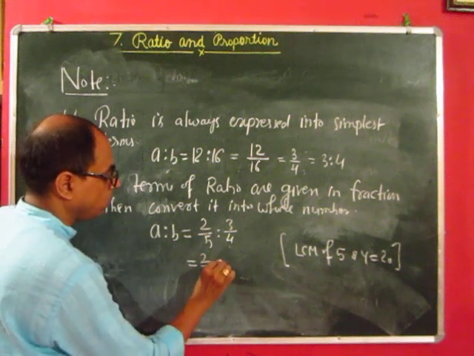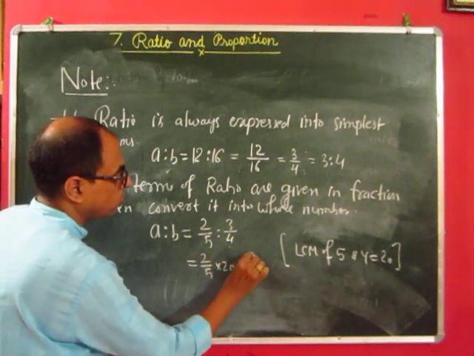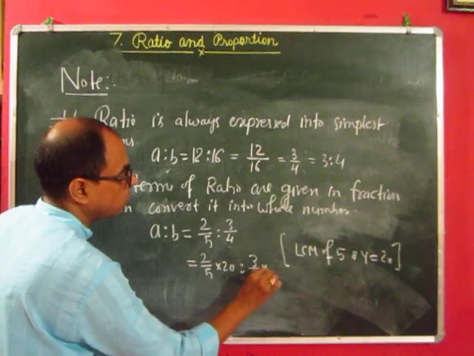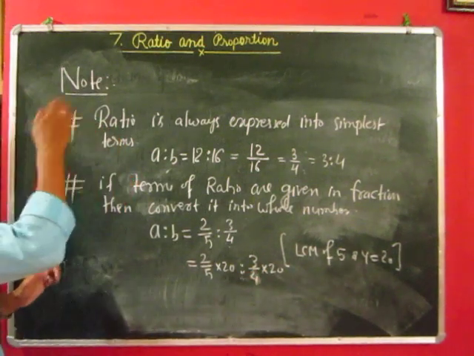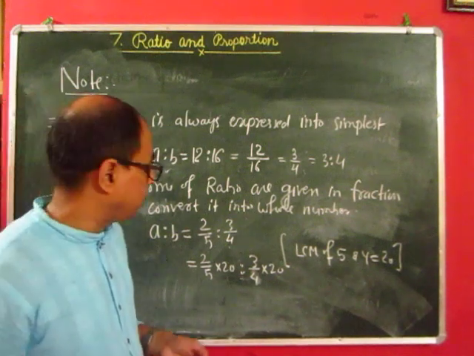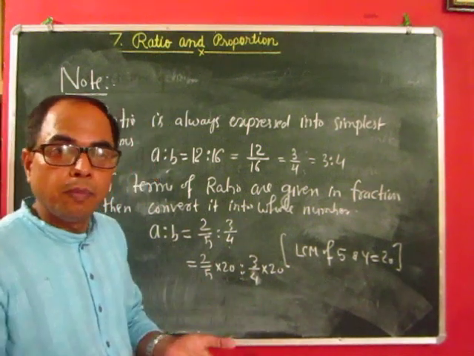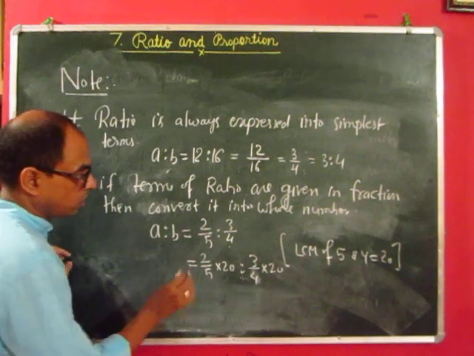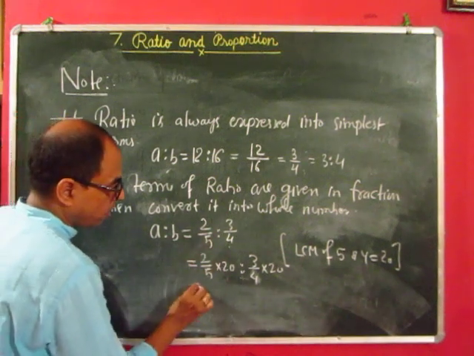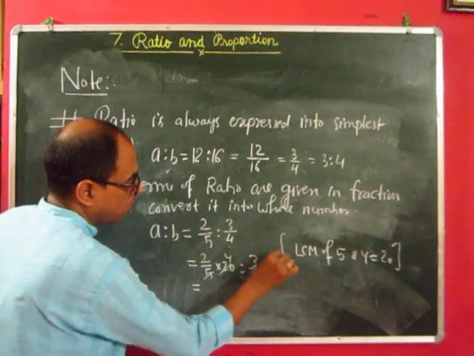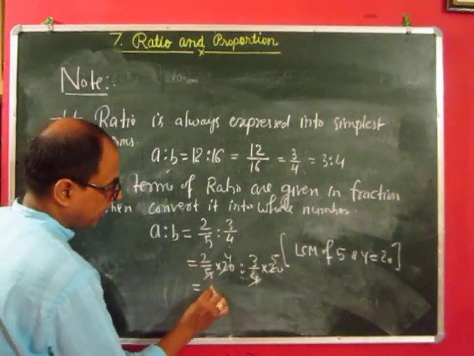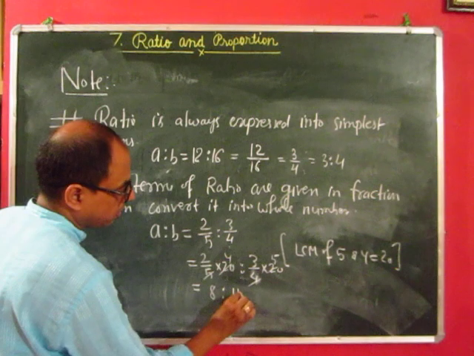2/5 into 20 is to 3/4 into 20. And we have just read in a property that if each term is multiplied by the same number, the ratio does not change. So these two ratios will be the same. Now 5 4s are 20 and here 4 5s are 20. So 2 4s are 8 is to 15.